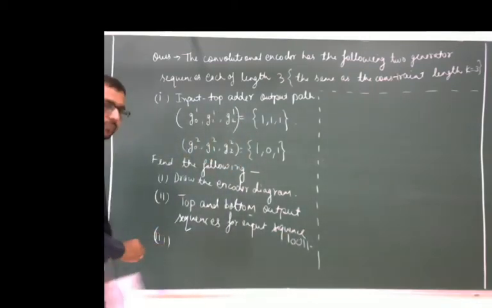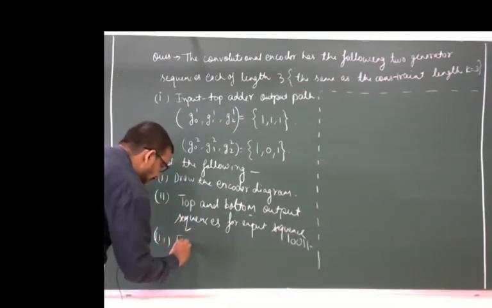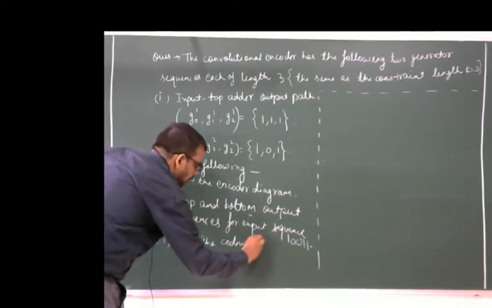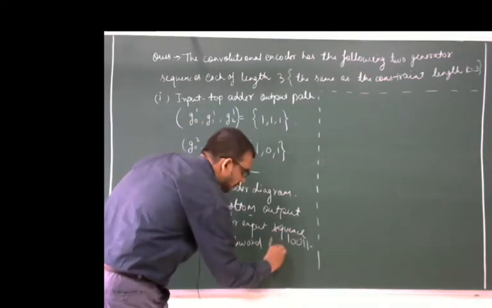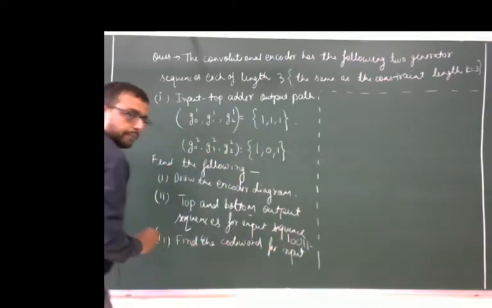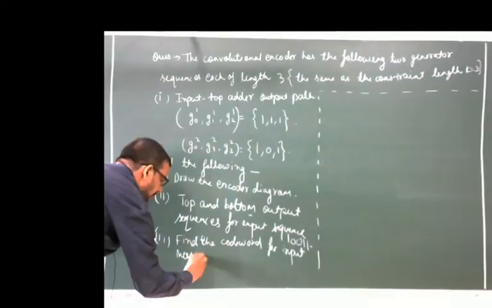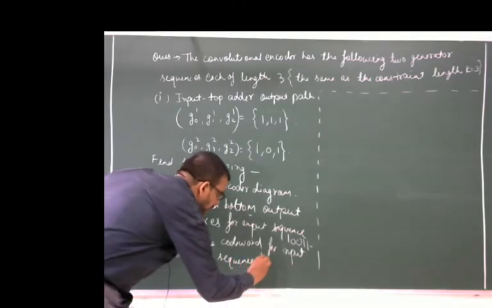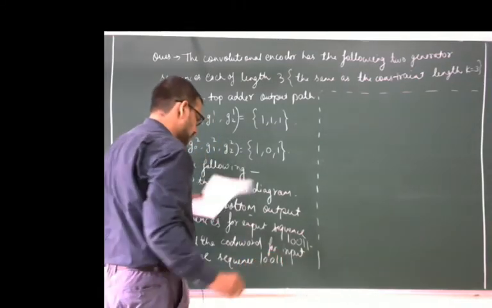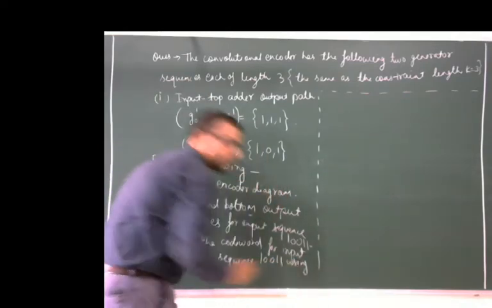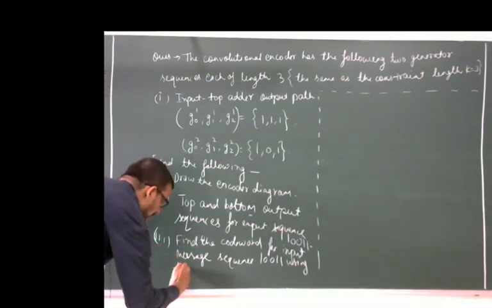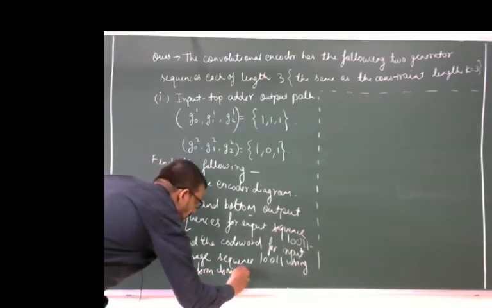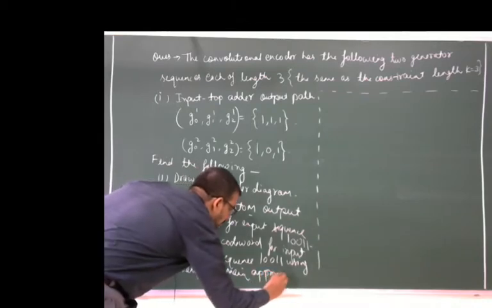And the last part, find the code word for input message sequence 1, 0, 0, 1, 1 using the transfer domain approach.